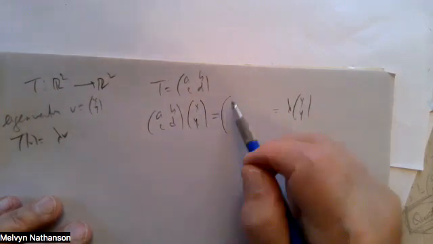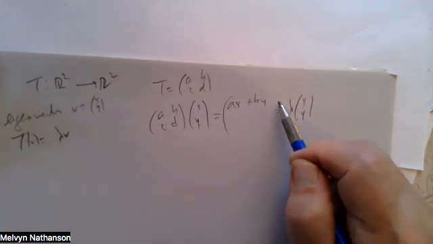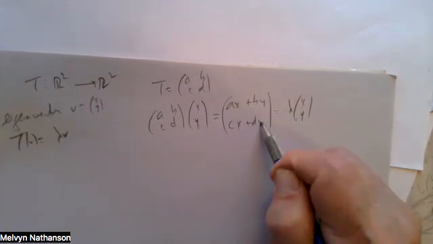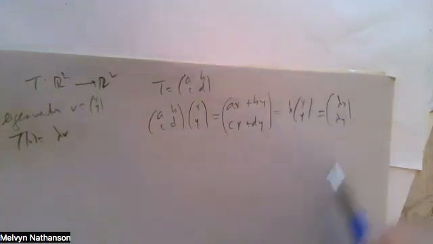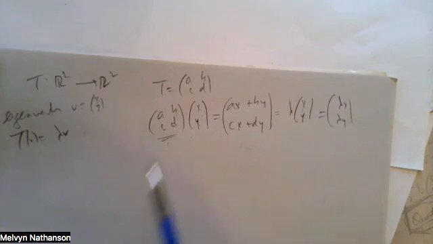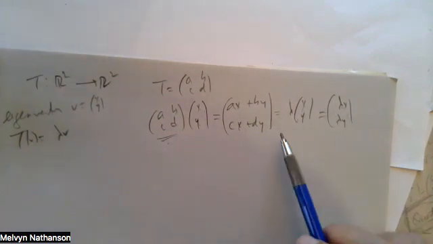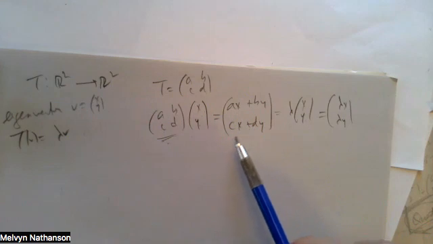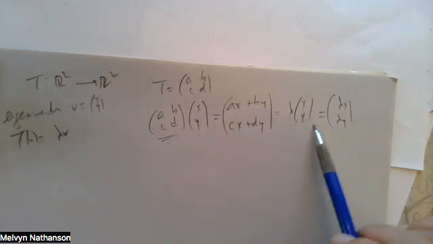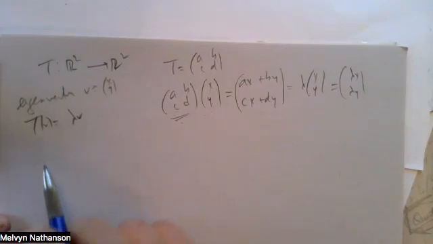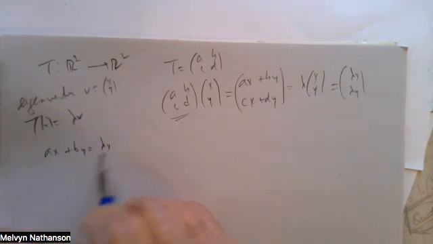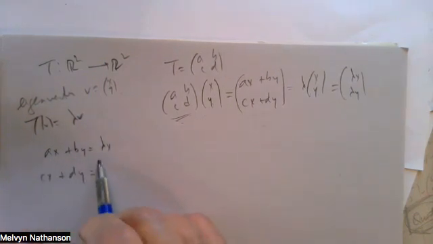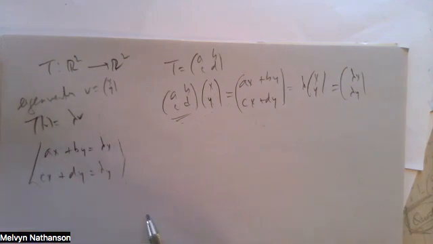If I write this in coordinates, this is AX plus BY, CX plus DY equal lambda X, lambda Y. So given the matrix A, B, C, D, I want to know if there are three numbers, X and Y and lambda, that satisfy this equation. This is the same as saying AX plus BY is lambda X, CX plus DY is lambda Y. Can we solve these two equations in two unknowns?